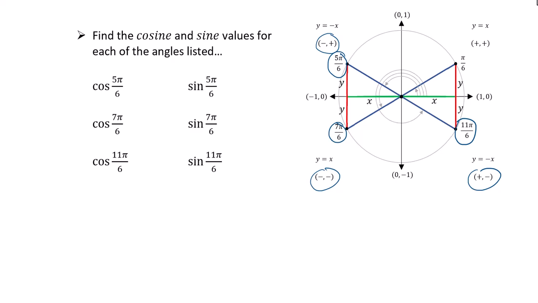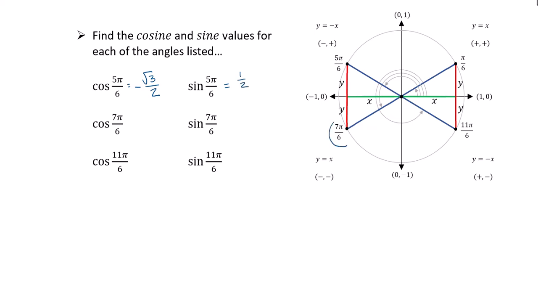So when I'm looking at 5 pi over 6, I'm over here in the second quadrant. So I'm going to have a cosine of square root 3 over 2, but it'll be negative since I had to move to the left to get there. And the sine is going to be the same as for the pi over 6, so that's 1/2.